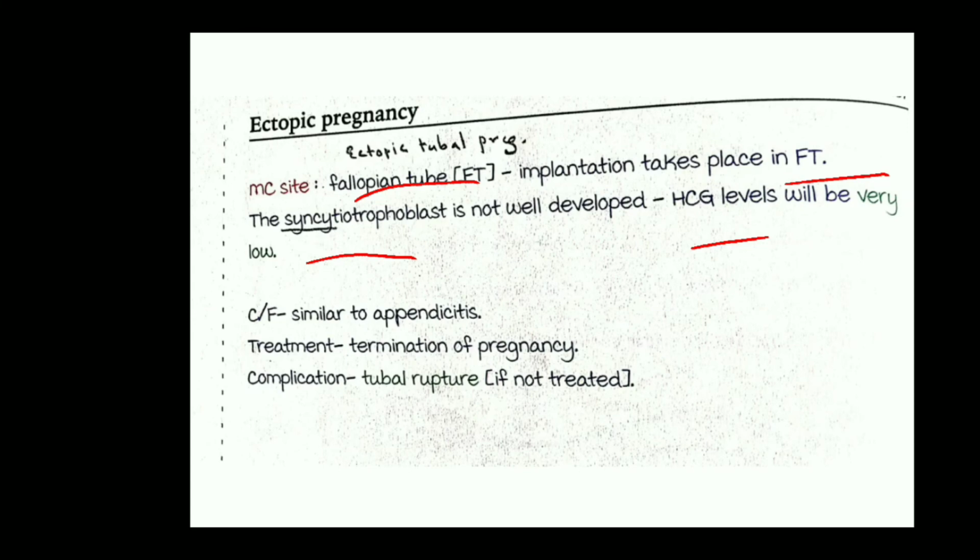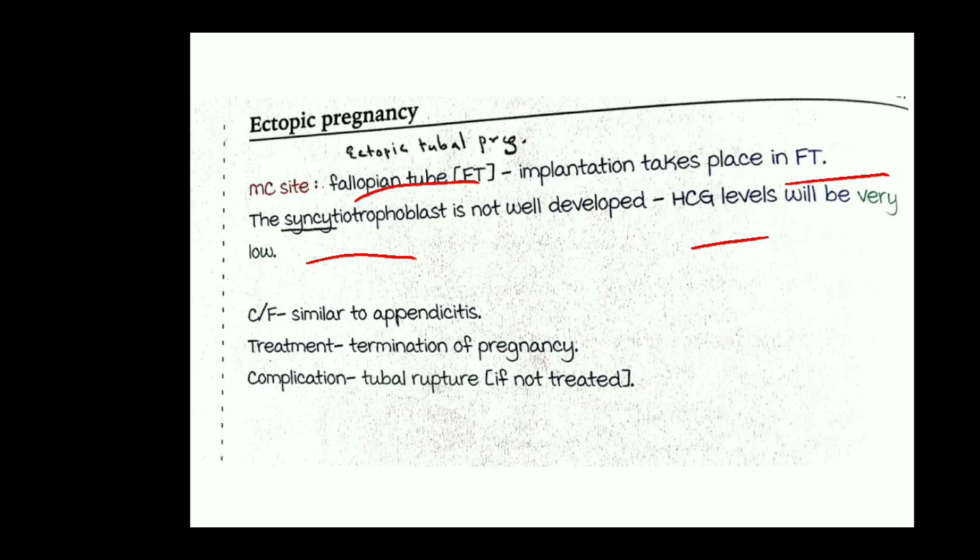So in order to diagnose a case of ectopic pregnancy, first of all, the female should be pregnancy positive. If we take the urine test, it should be positive. And if we look into the serum HCG levels, they will be very low, because the syncytiotrophoblast is not well developed.